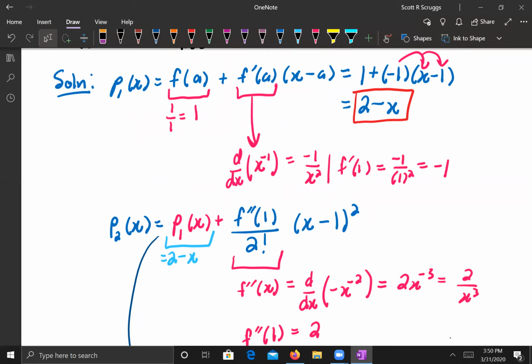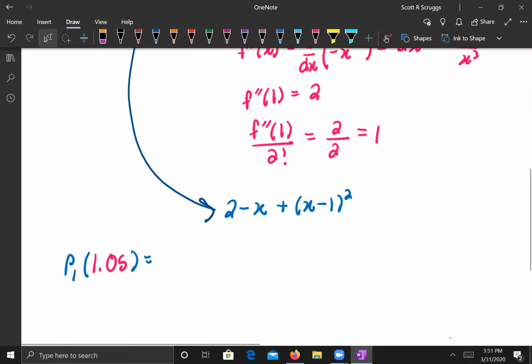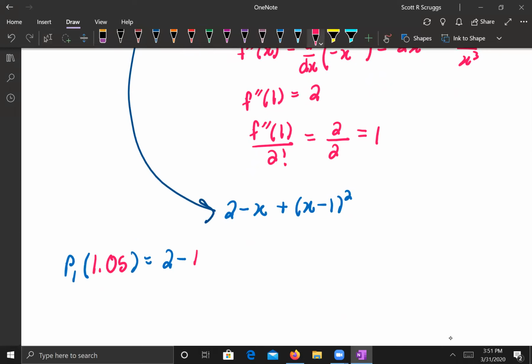There you go. I agree. 2 minus 1.05. After doing that work, we get that our approximation is 0.95.